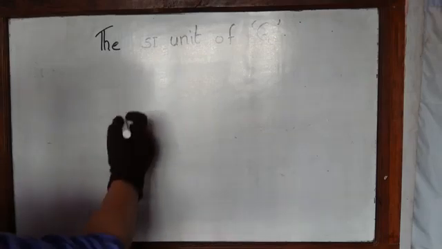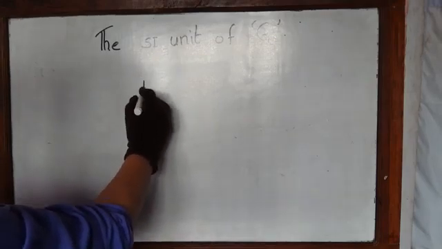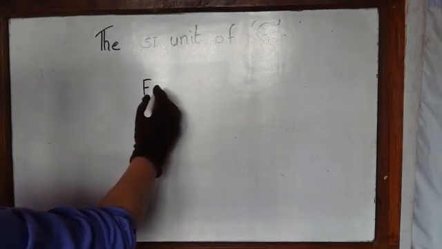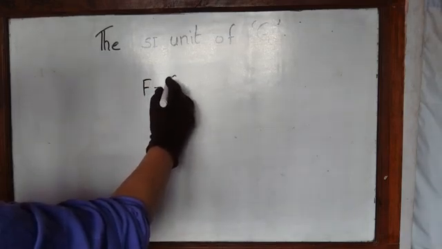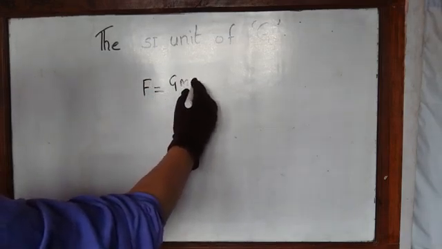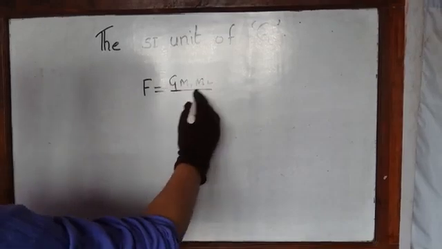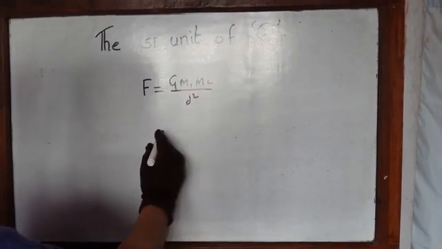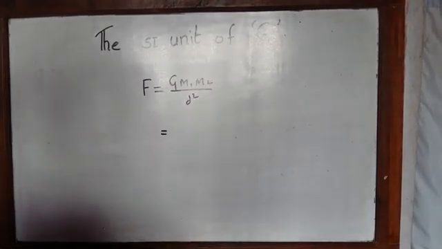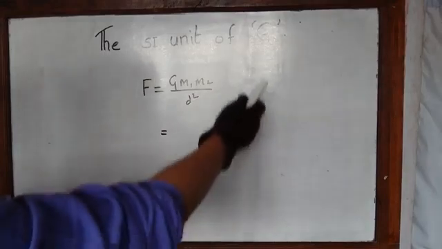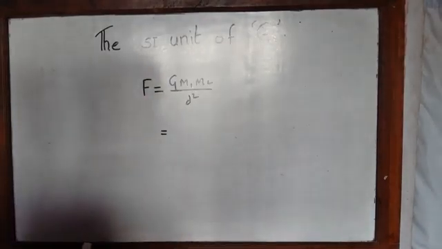As we know, the force of attraction between any two objects is given by the formula F equals G m1 m2 upon d square. Since we have to derive the unit of G, we convert all the physical quantities into their units.